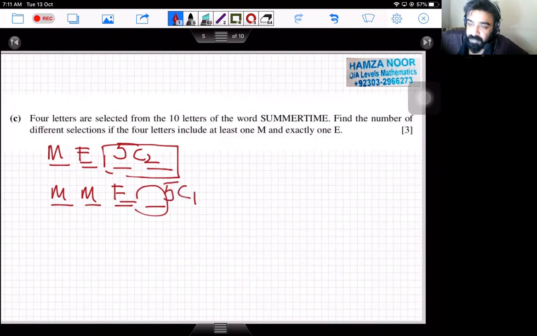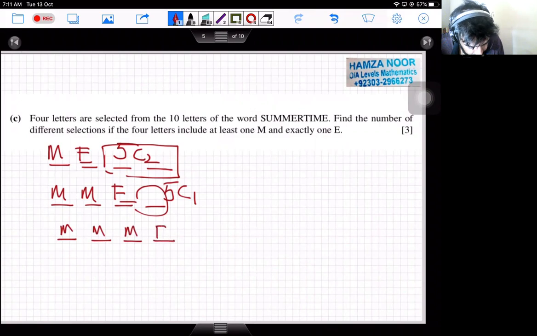This possibility is possible. And the third possibility is you are having 3 M's and exactly one E. So all of the spaces are occupied now. The vacancy is over. Now no selection can be made. So if I take three M's and two E's out of my total possible letters, I'm left with five.